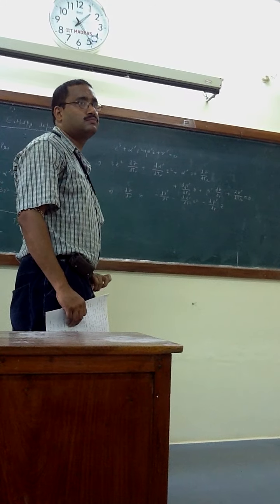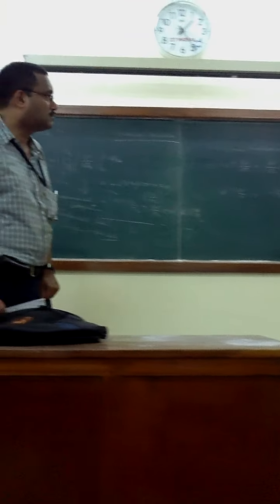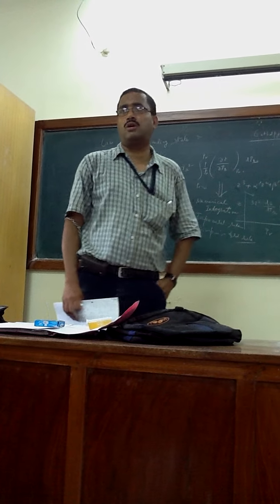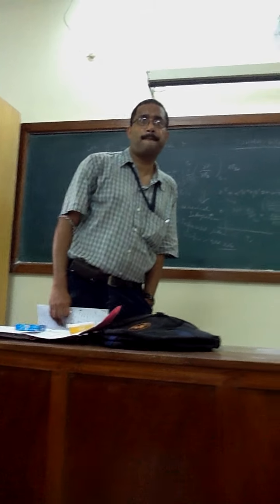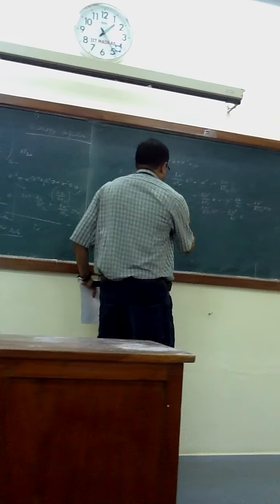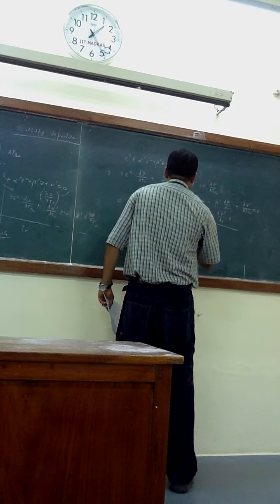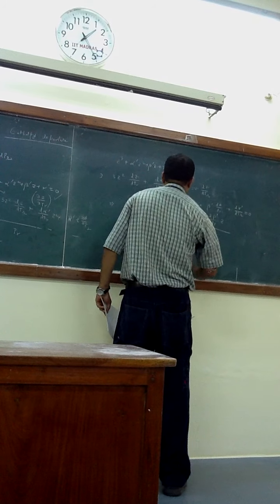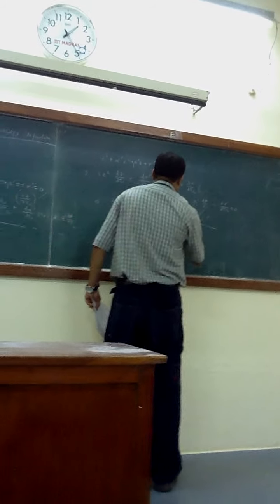Rahul? Numerator is correct or wrong? Divided by 3z squared plus 2 alpha prime z, right? Plus beta prime.